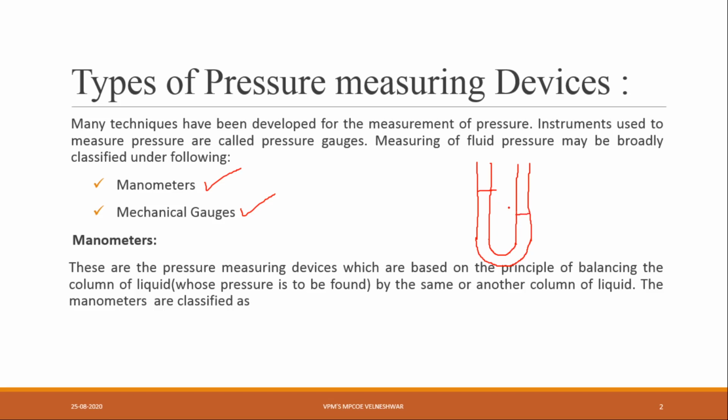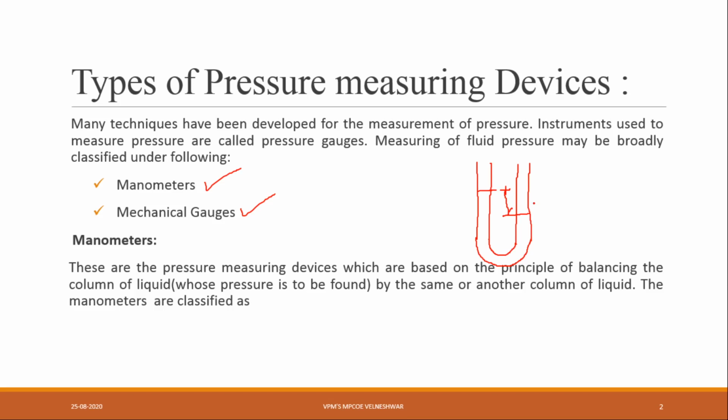Now the use of the manometer here is that we have to find the distance from here to here, that is h. What is this distance? It is the difference of manometer levels.